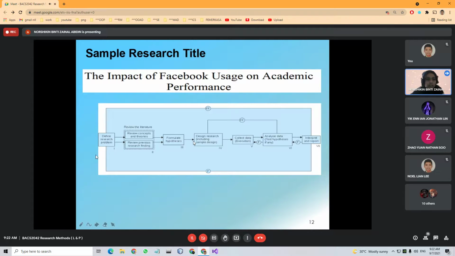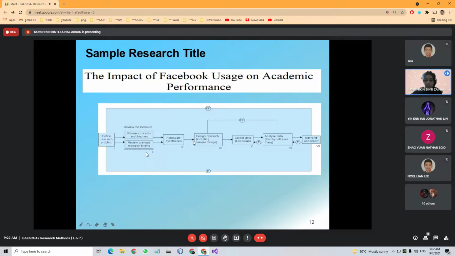And then after you have identified what you want to study, you need to do the LR. You need to go for a literature review. Like I said just now, you need to read and understand what people have already done. This is very crucial for research, because in research we do not copy, or conduct research that people have already done.